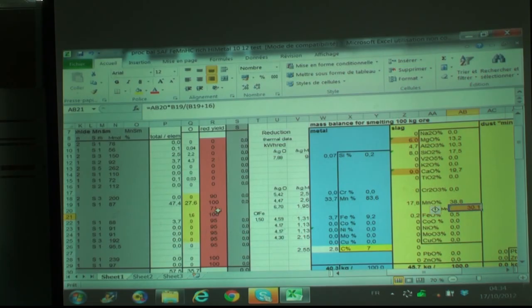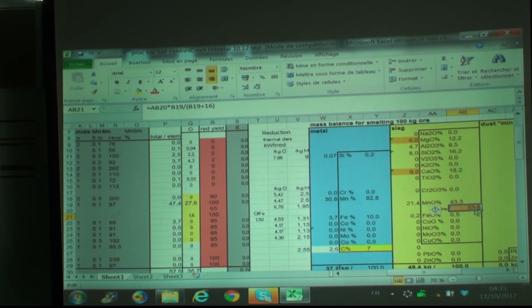And therefore, as I explained to you, when we test the reduction yield, which is giving you the target 30% manganese, you see I put 65, there we have too much.